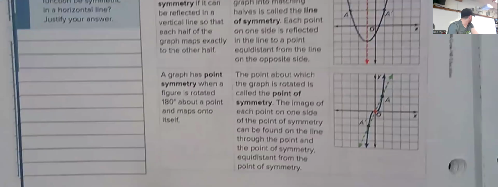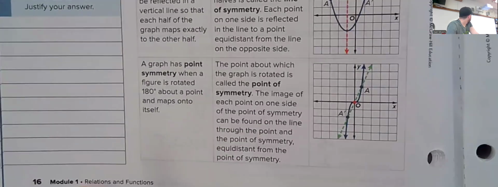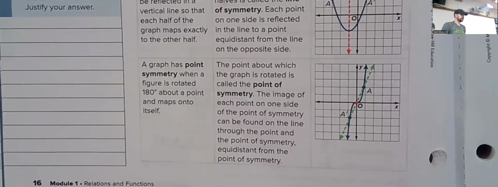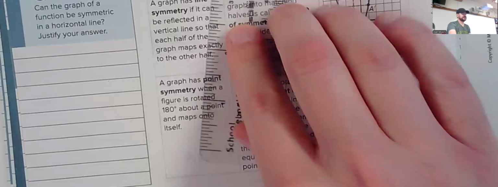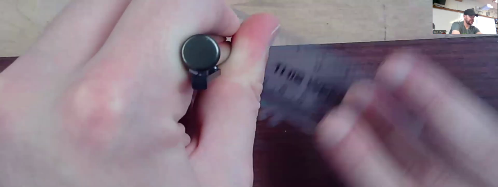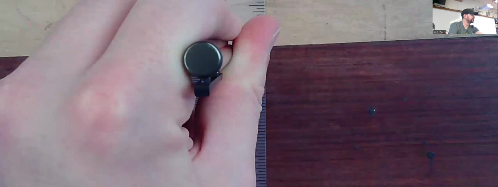In terms of point symmetry, a graph has point symmetry when a figure is rotated 180 degrees about a point, so 180 degrees around some point on the graph. I'll use this as an example. A point could be anywhere. If you drop a point somewhere and you literally just spin it around that point, that would be point symmetry.